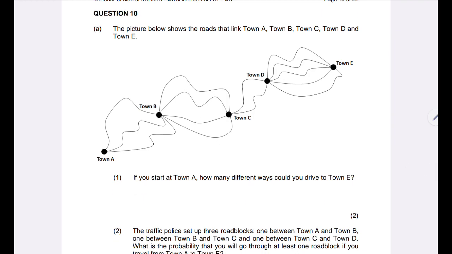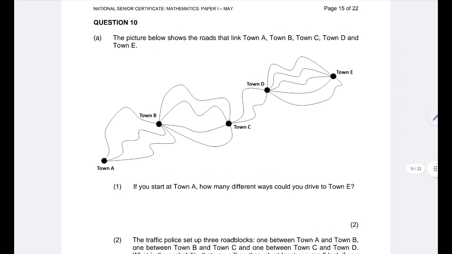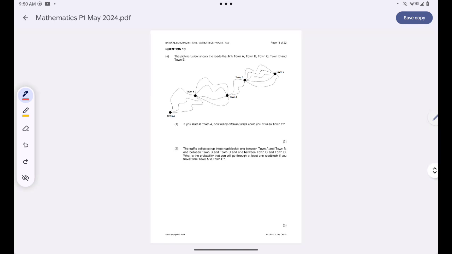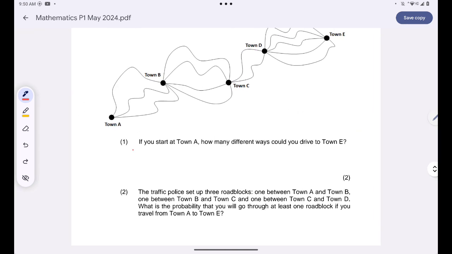There are three paths that link town A and B, right? So I'll simply say 3, and then there are 4 paths that link town B and C, multiplied by 4.